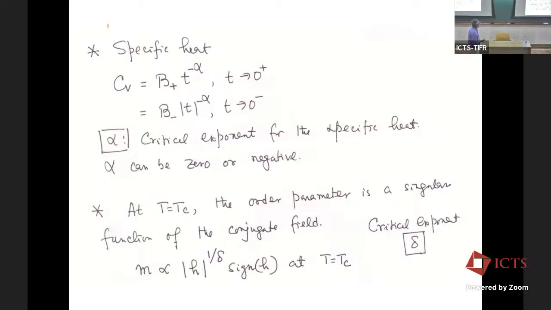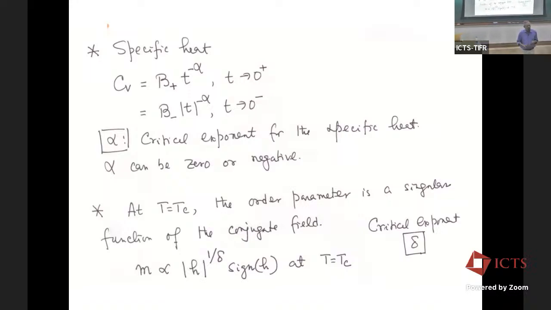One more exponent that one can define, called delta, tells us how the magnetization at the critical point depends on H. At the critical point, when H is equal to 0, the magnetization is equal to 0. It's a continuous transition, so the magnetization is initially 0, and then it begins to grow as one goes to T less than Tc. But if I put in an external magnetic field, m will no longer be 0 at any temperature.